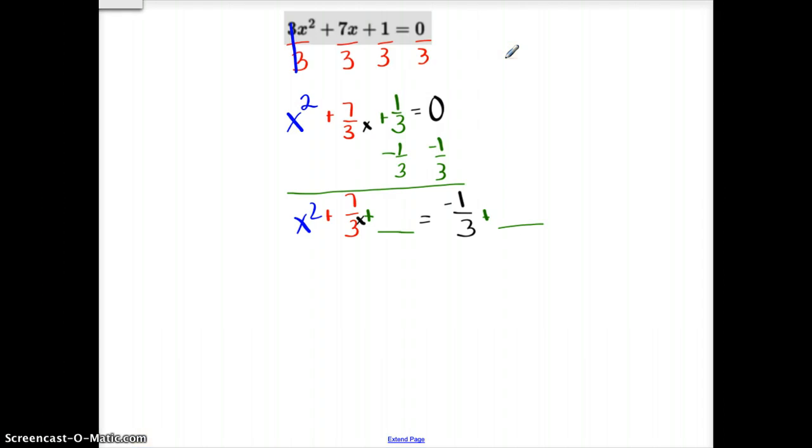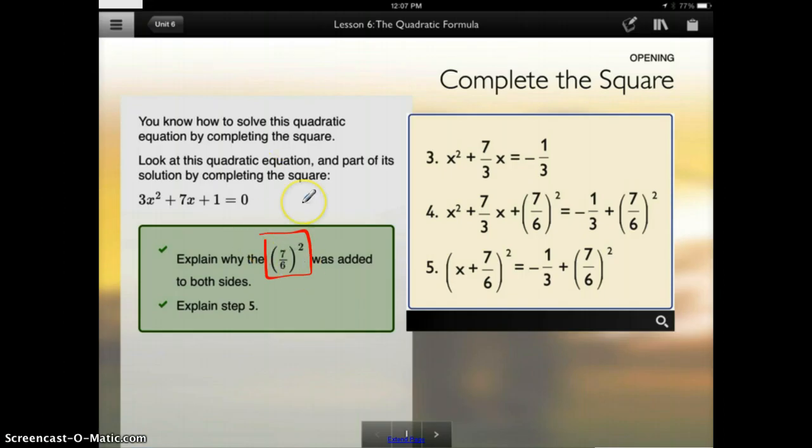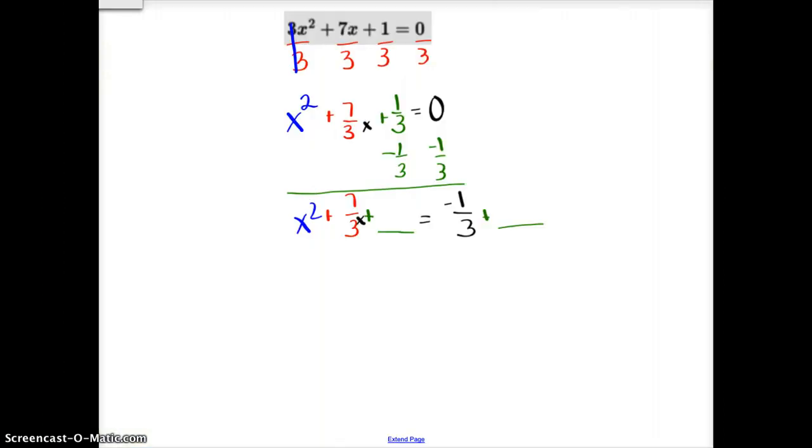And the question that is asking us is, where did this come from? Okay, so that is our b value, because we've got our b value right here. Okay, if that's our b value, it should be 7 over 3 divided by 2. Okay, now we usually do this, 7 over 3, and we'll divide by 2. It's the same thing, I just wrote it sideways, side by side.